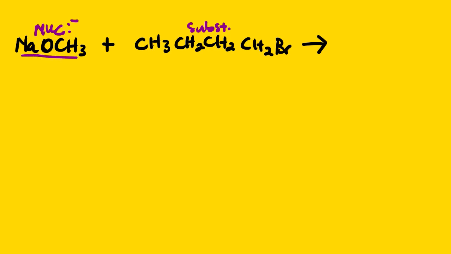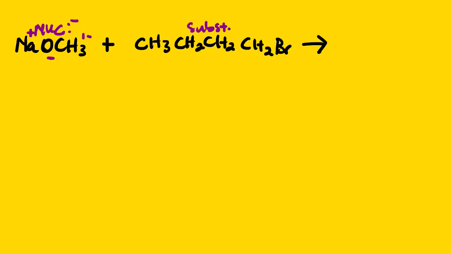So in this case, we have to break this down. We know that sodium is from group number 1. The oxidation number of sodium is 1 plus, meaning that the oxidation number of this will be 1 minus. So this will actually be the nucleophile that will take part in the nucleophilic substitution.